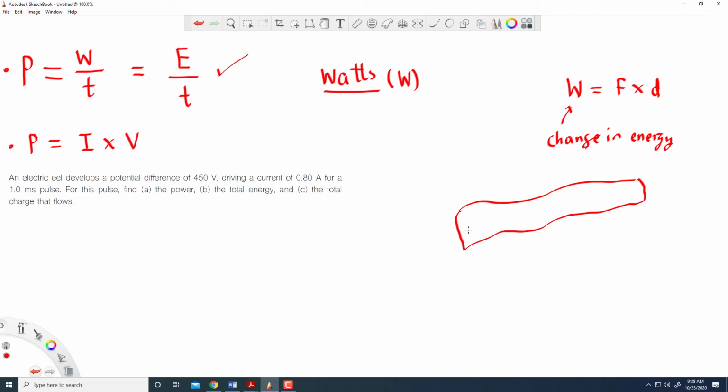Okay, and the potential difference across the eel is 450 volts, and when the potential is that, it can send the pulse. Okay, a pulse is one single wave of electricity. It can send the pulse that has the electric current of 0.8 amperes. So the current flowing through the eel's body is 0.8 amperes.